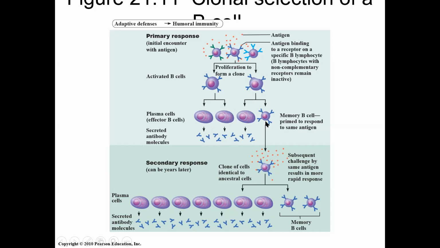Okay, and these memory cells are very, very important. It is on page 797. There is a chart to show you the first time of the response. If you look at the chart, antibody to A right there, compare it with the second part of the curve.